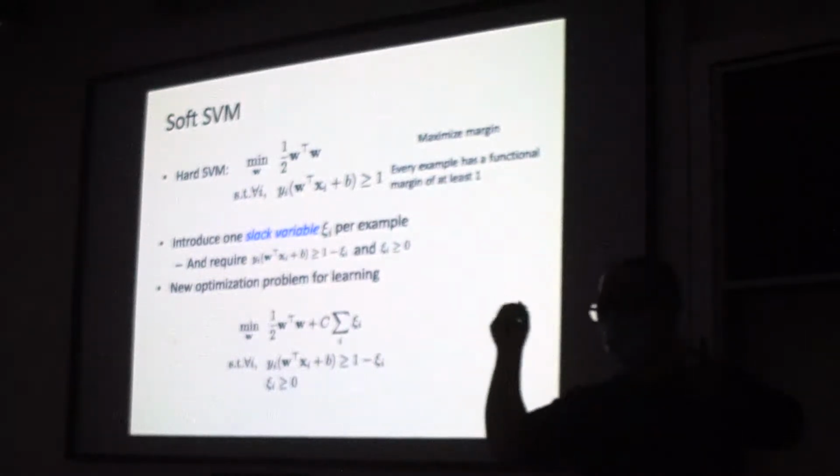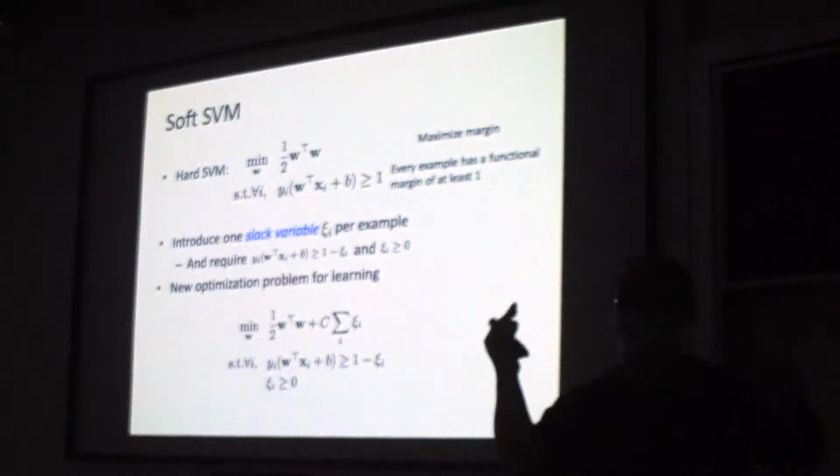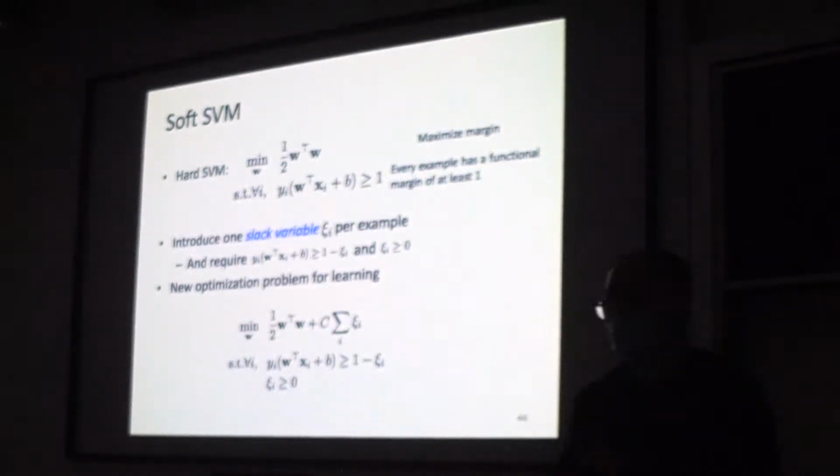So those outliers are free to violate the margin. They can break into the margin. They can even go to the other side of the linear classifier. This is very important to understand the key idea here.